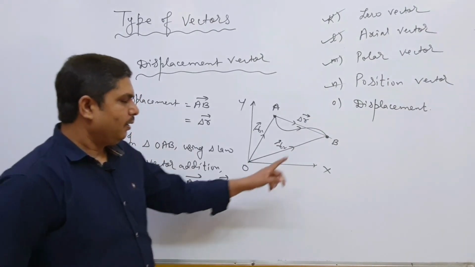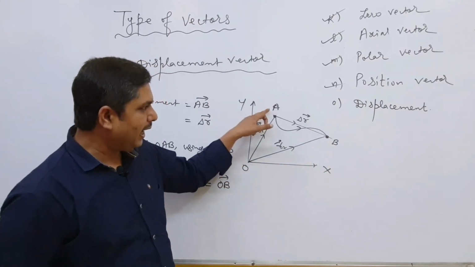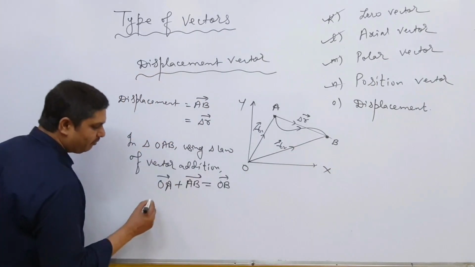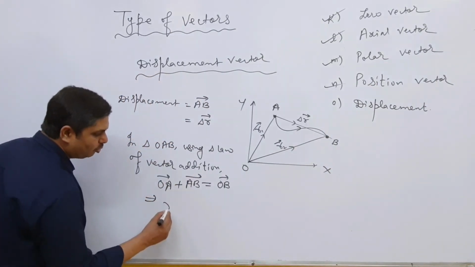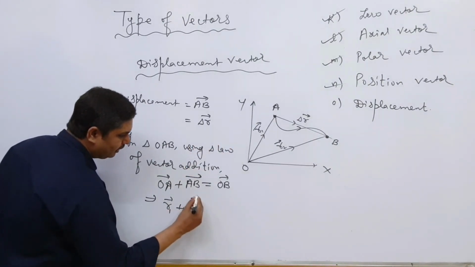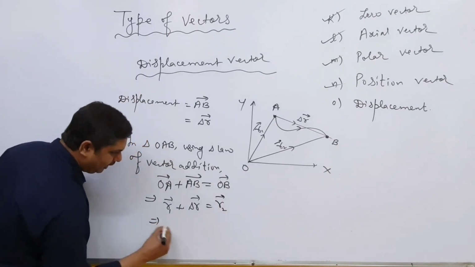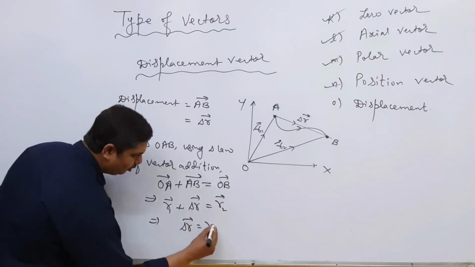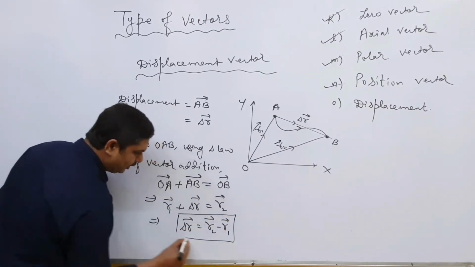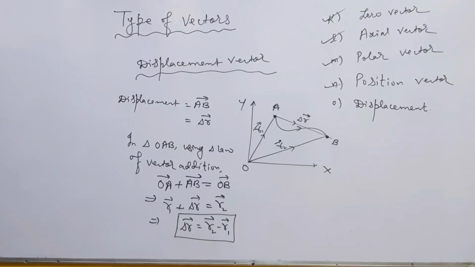This means that point B can be reached by the path OA then AB, or directly by OB. So from here OA equals R1, AB is delta R, and OB is R2. So delta R is equal to R2 minus R1. This is said to be the displacement vector. Thank you, students.